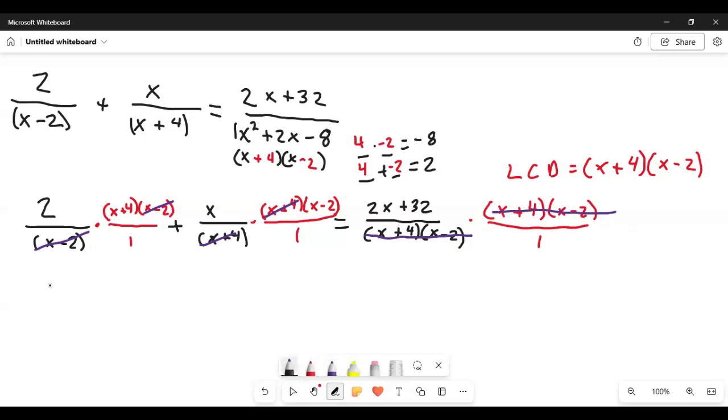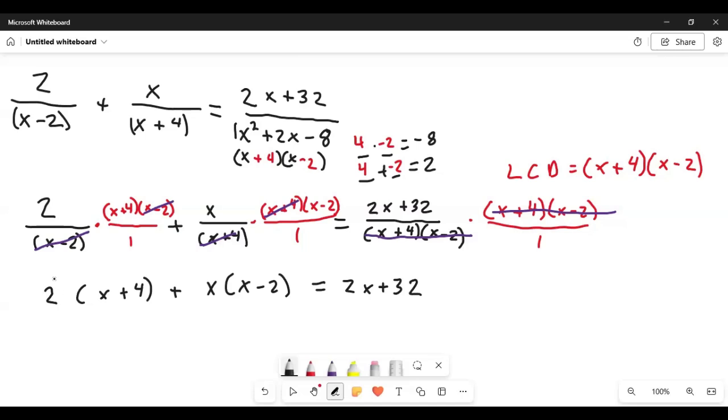That means you are left with 2 times x plus 4, plus x times x minus 2, equals 2x plus 32.